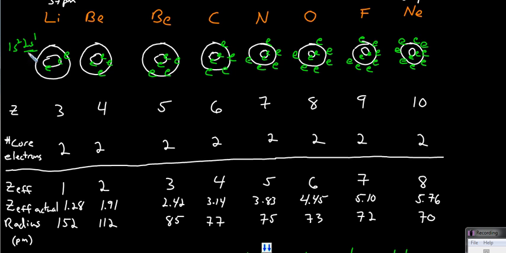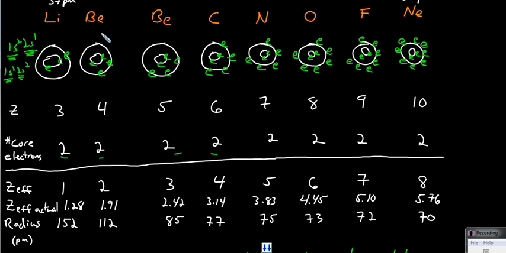For the electrons in principal energy level 2, there are 2 core electrons, 2 electrons in a lower principal energy level. Similarly for beryllium, it's 1s2 2s2. For the electrons in principal energy level 2, there are 2 core electrons in principal energy level 1. These elements all have 2 core electrons, yet they have different numbers of protons and nuclear charge.